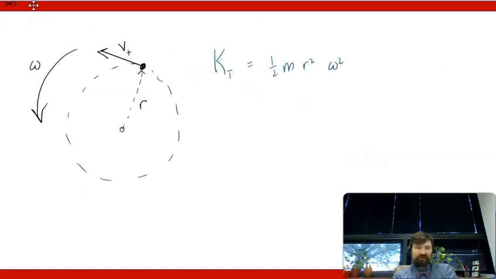All right, so this kinetic energy suddenly looks like 1/2 I omega squared.